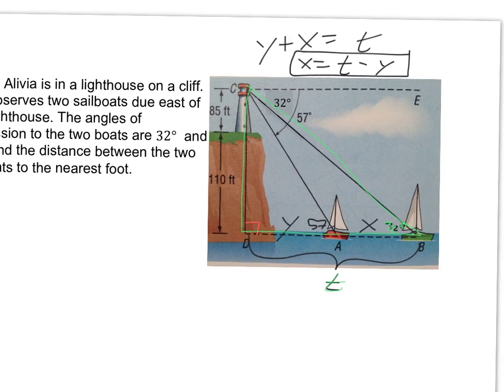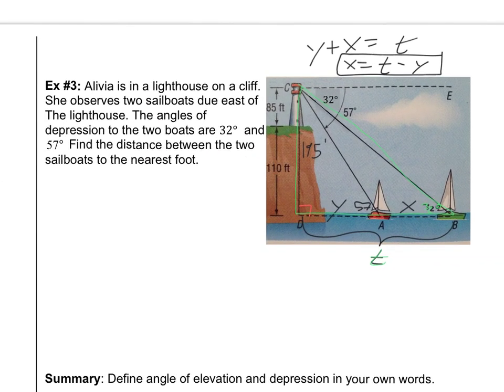I'm trying to find this adjacent side to the angle of 32 degrees, and I have this opposite side of 110 plus 85. And in total, what would that be? That would be a total of 195 feet. So since I know the opposite and I'm trying to find the adjacent, that tells me I'm going to use tangent because of TOA.